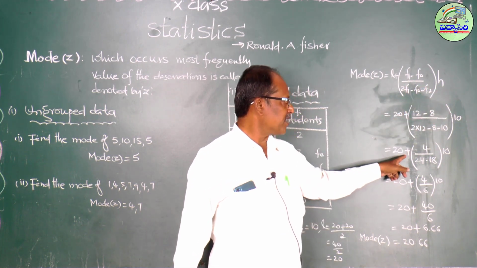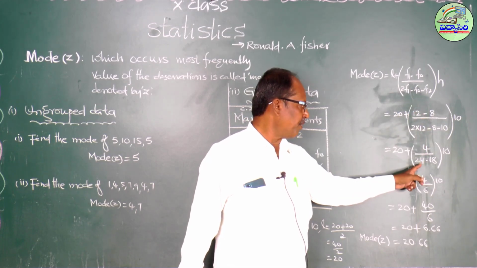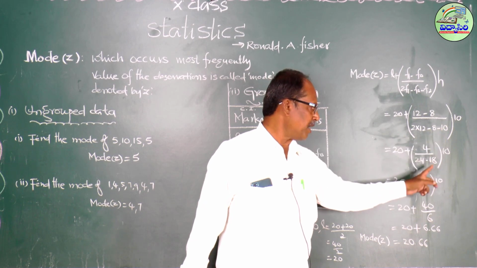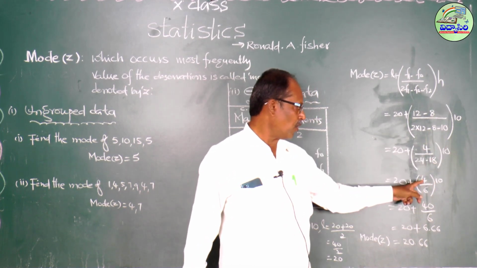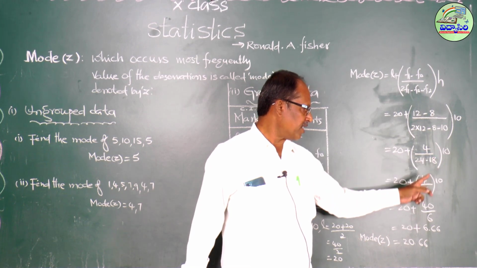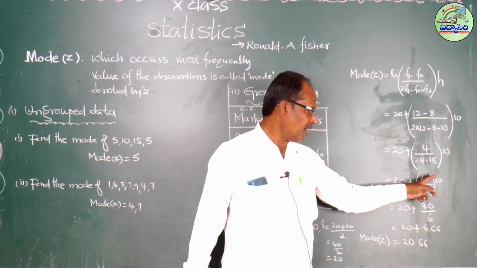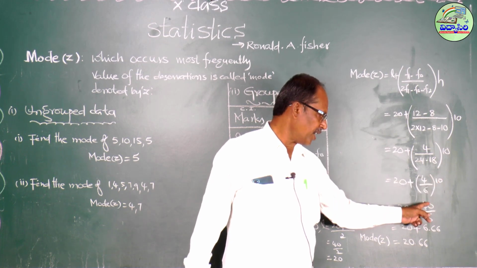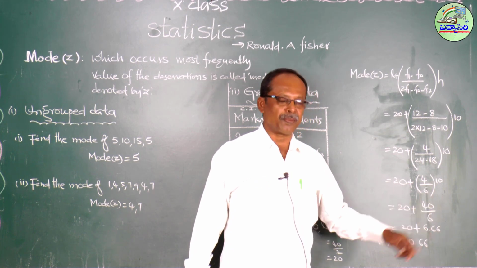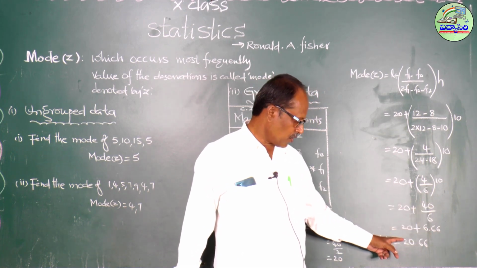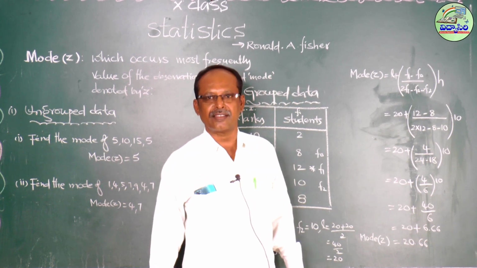So 12 minus 8 is 4, and 24 minus 8 minus 10 is 6, into 10. 20 plus 40 by 6, which is 6.66. So the mode is 20 plus 6.66.